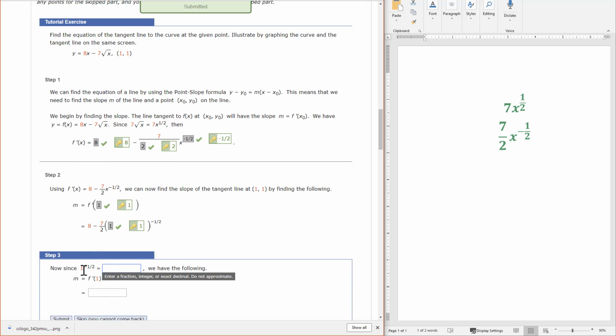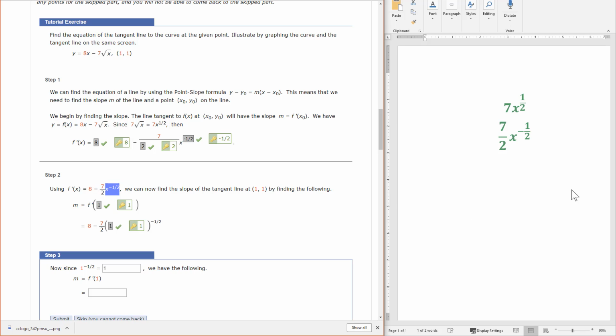Well, they want us to figure out what 1 to the negative 1/2 power is. I think that's still going to be equal to 1. So that's, imagine that as 1 divided by the square root of 1. And so if that's the case, then this whole thing here would be equal to 1.